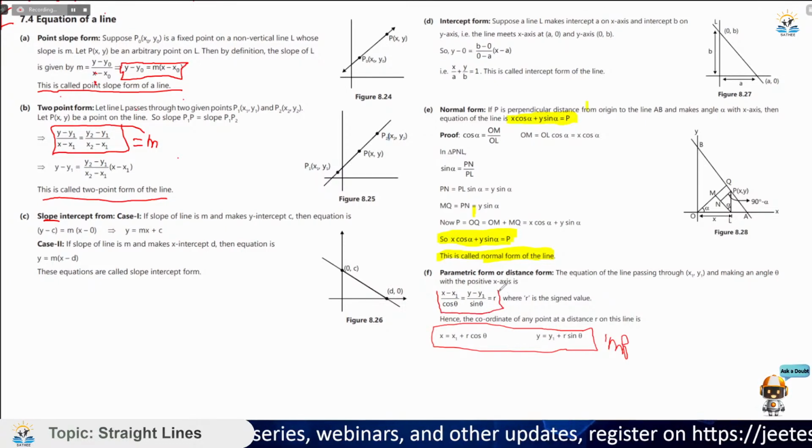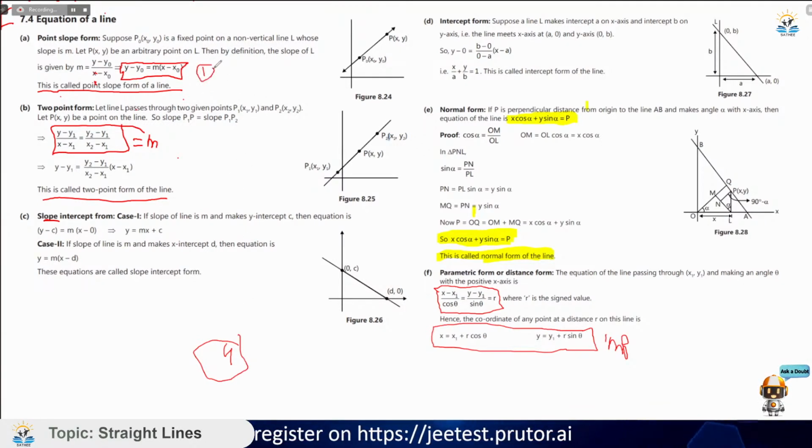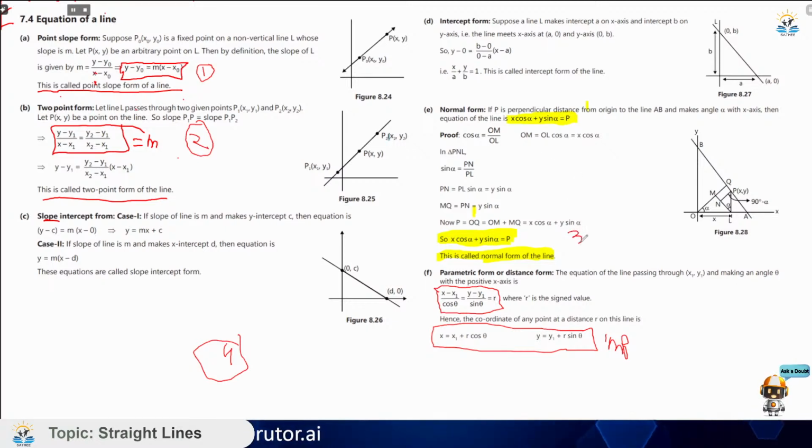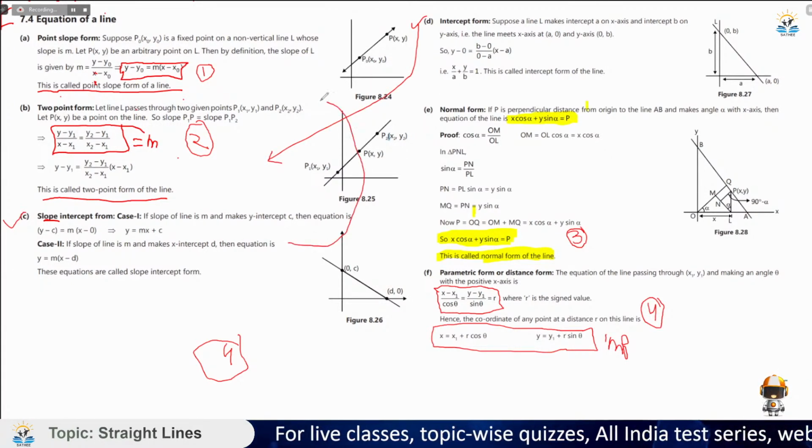So mainly तुमको एक पेज में 4 formula। Okay, this is number 1, this is number 2, and this equation is number 3, and this is number 4. তাহলে আমরা এদিকে বসে আছি ইকুয়েশন অফ লাইন, আর এই যে স্লোপ ইন্টারসেপ্ট ফর্ম আছে আর ইন্টারসেপ্ট ফর্ম আছে. These are nothing but the extension of this, and this is the extension of this.